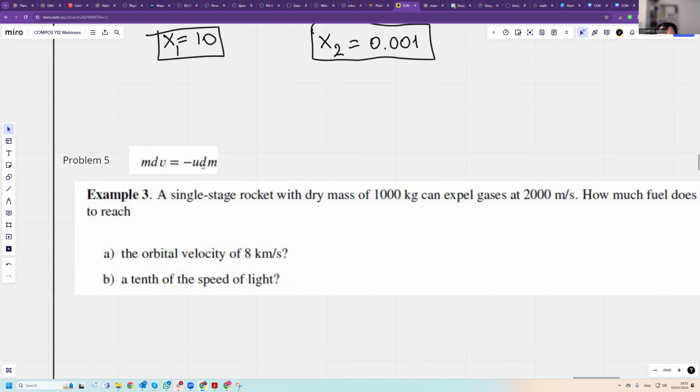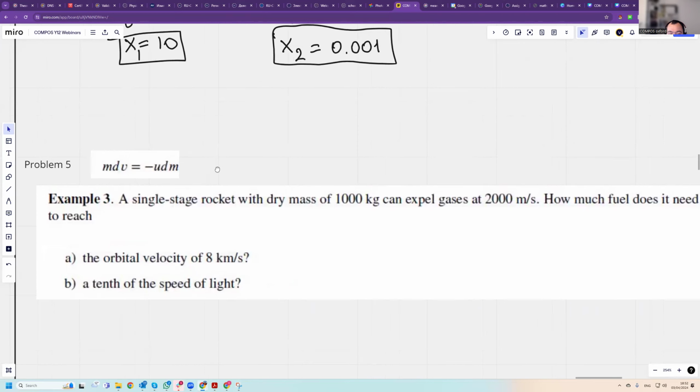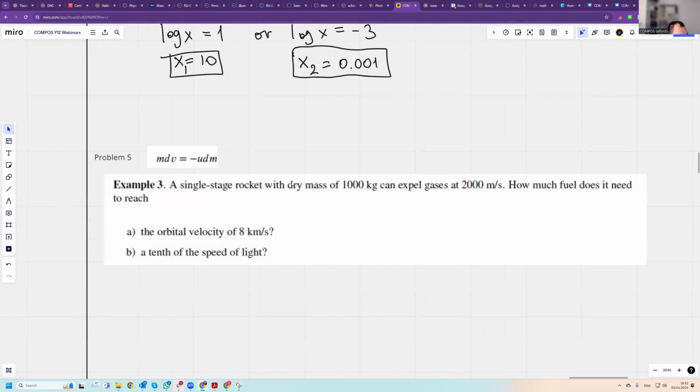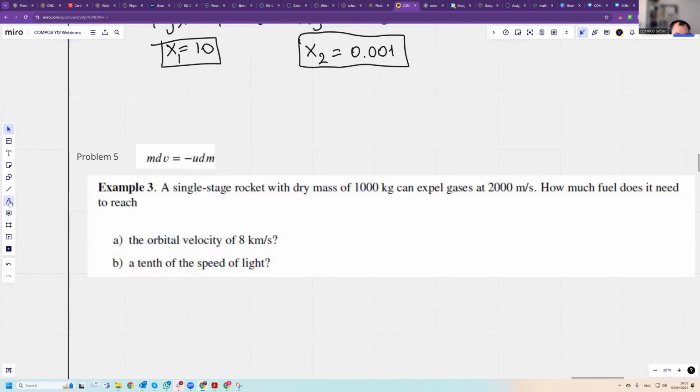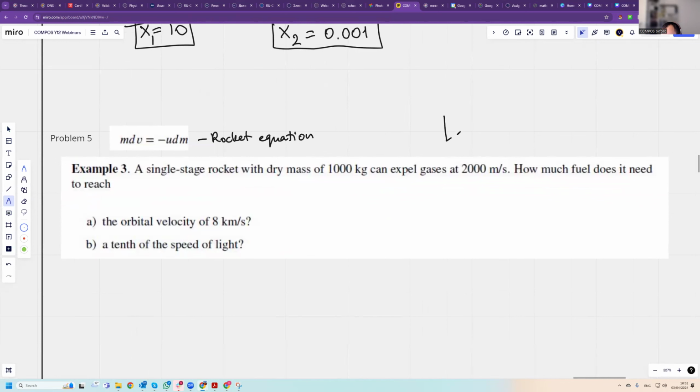Where does this come from? Well, what is this? It's not the Tsiolkovsky equation, but it is a rocket equation. I don't remember who invented this equation, but anyway, what does this mean?